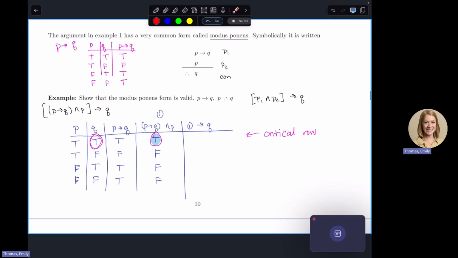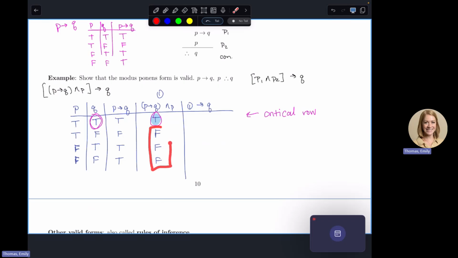Okay, so that means in these 3 rows, it's true, and that's free, right? So it's irrelevant. What does matter is that we get a true in this row, where we won't necessarily get it for free because this part is true. We have to know that the truth of the conclusion follows the truth of the premises. So you can fill out an entire truth table for this, make sure you get a tautology.